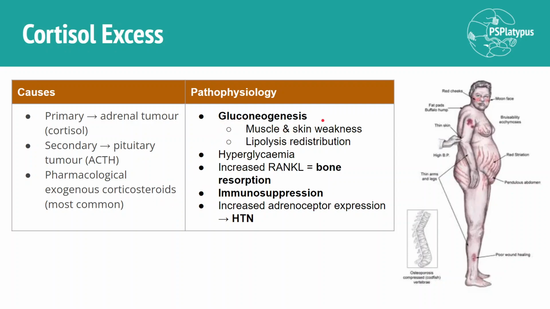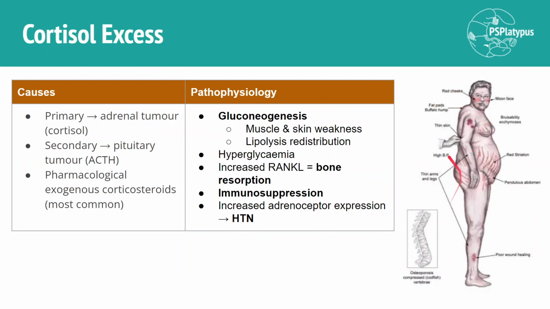But it causes a syndrome called Cushing syndrome, and this is a classic picture, which will be embedded in your memory forever, of what we call a Cushingoid picture, with all of these different signs that you may be able to observe on physical examination.